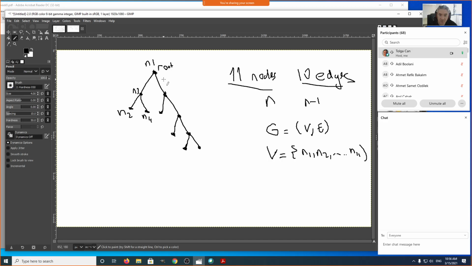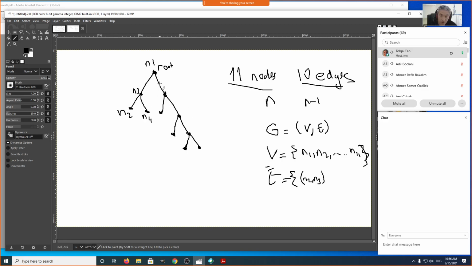So the set of vertices is these 11 nodes, and the set of edges is nothing but tuples that show undirected edges. For example, there's an edge between n2 and n3.